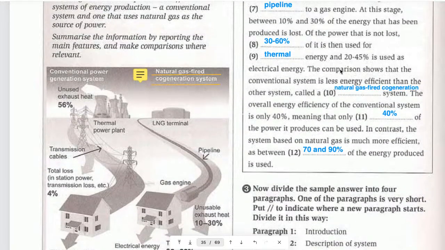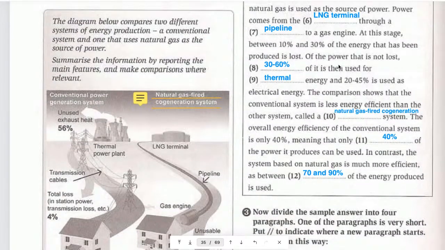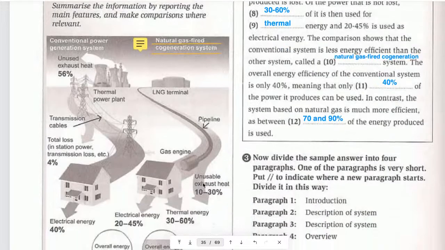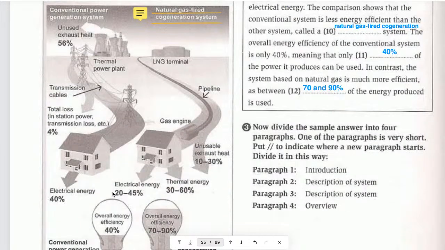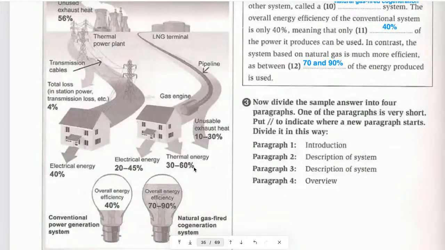Now tell me, why do they have to mention that? Do you think the number 30 to 60% or 20 to 45% makes sense or not? Because we already lose 10 to 30%, right? Why do we still have the number 30 to 60% here, or 20 to 45%? Does that make sense?